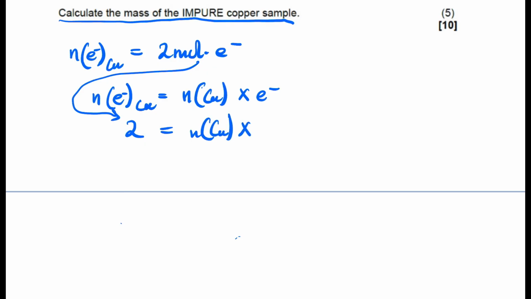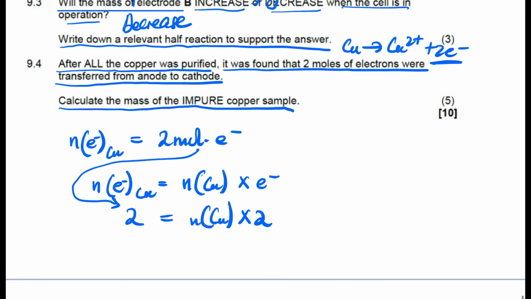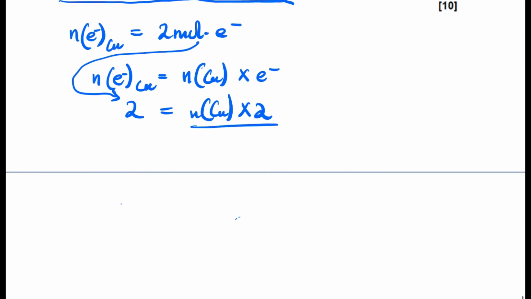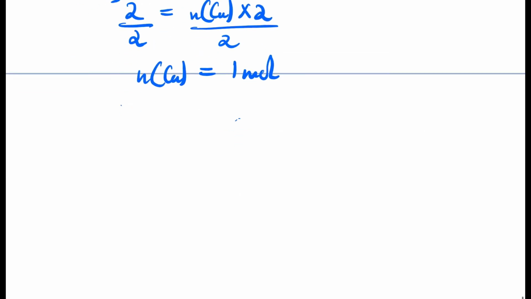We multiply by 2 because there are 2 electrons there, so we'll divide by 2. Therefore, the number of moles of copper is 1 mole.